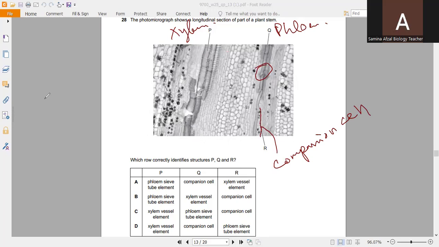So P is xylem vessel element, Q is the phloem sieve tube, and R is the companion cell. So C is the correct option.